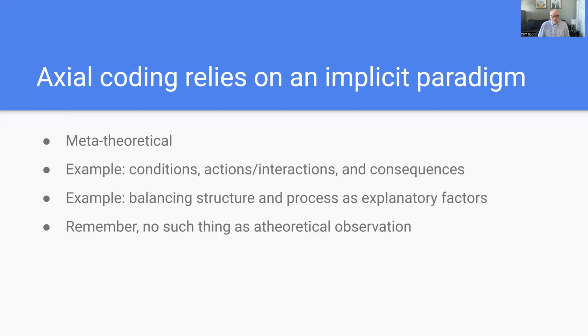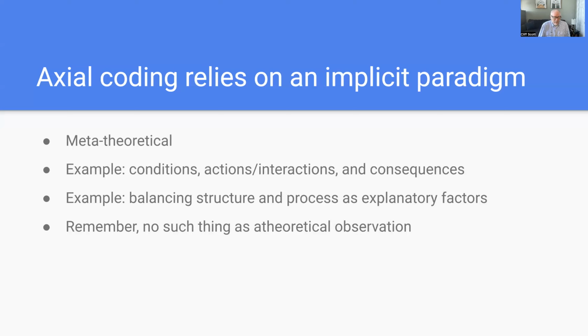If you are interested in the meta theory of structuration, you may be guided to look for categories that help you develop an explanatory framework that doesn't just explain structure and how structure shapes things in a top-down way, but also how the social actions that we take influence outcomes in a bottom-up way. And so balancing structure and process, or structure and action, as explanatory factors might be a thing that you're trying to do.